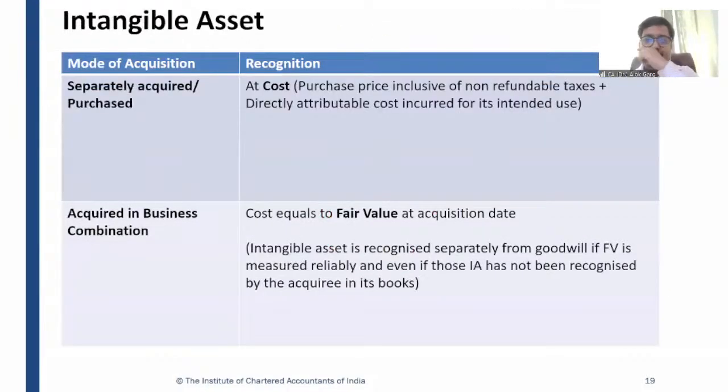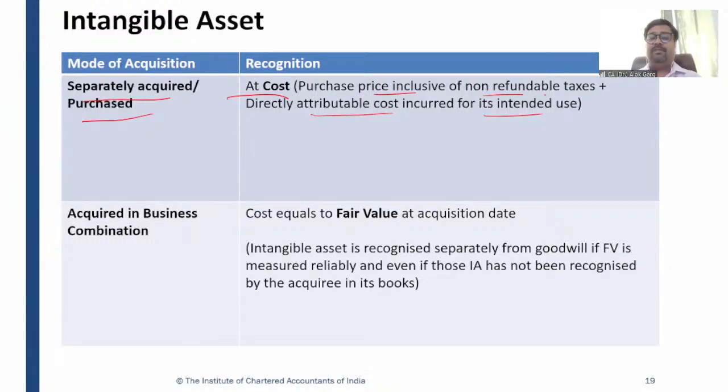So friends, when the intangible asset is separately acquired or purchased, it has to be recognized at cost. And when I say cost, purchase price inclusive of non-refundable taxes plus directly attributable cost incurred for its intended use. And of course, if there is any discount or rebate, that has to be deducted.